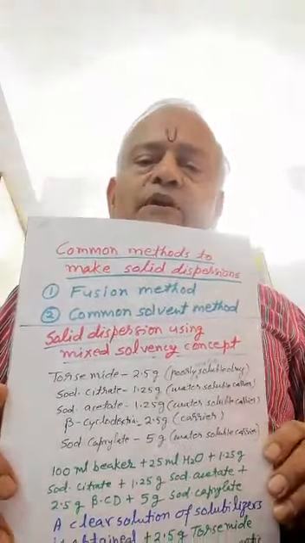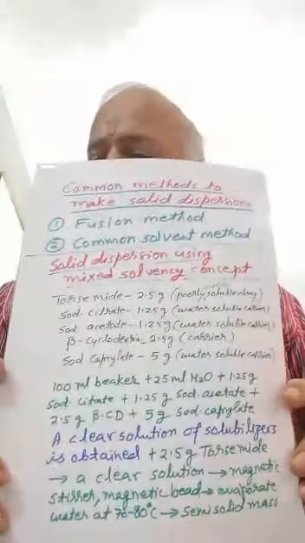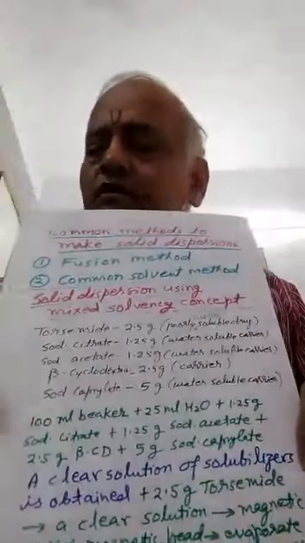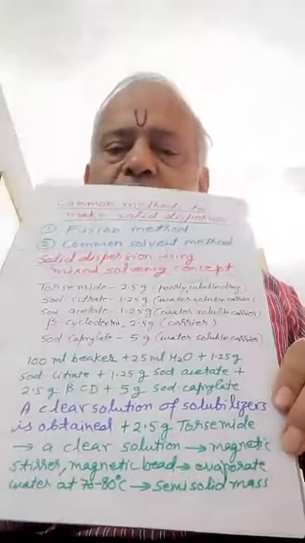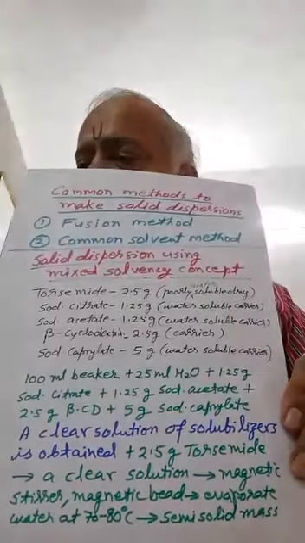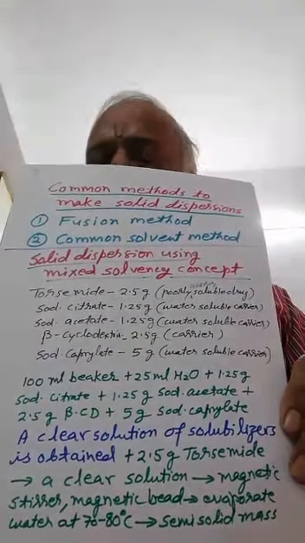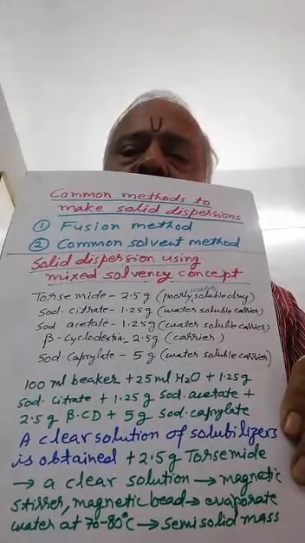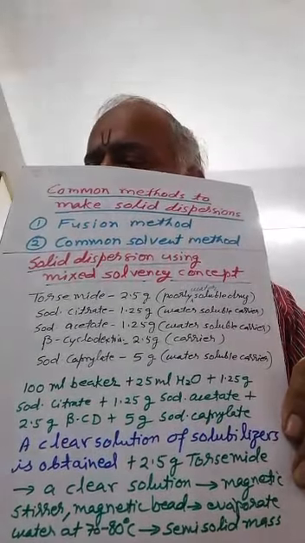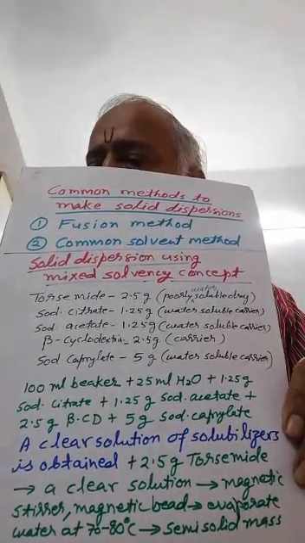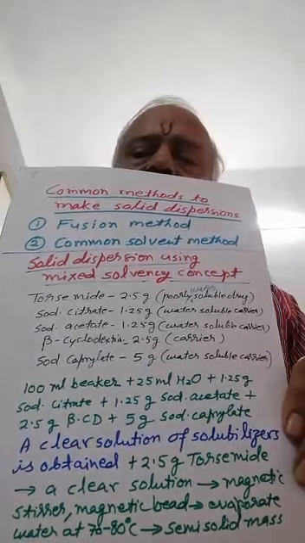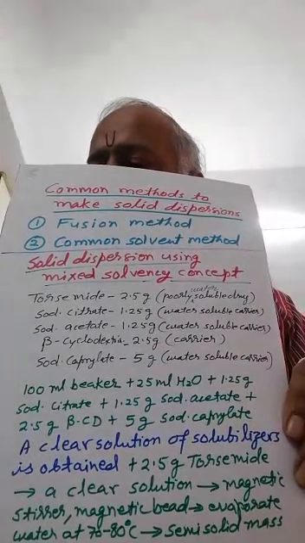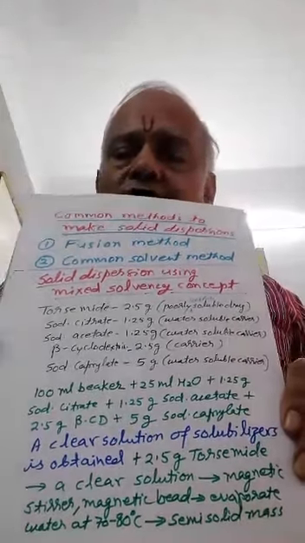In this, because of high solubility, you dissolve your drug torsemide. So 2.5 gram torsemide will be added and you will shake it, so you will get a clear solution. Now a magnetic bead will be put in the solution, and this beaker will be kept on a magnetic stirrer, and the temperature is maintained at about 70 to 80 degrees centigrade to remove the water, so you get a semi-solid mass.